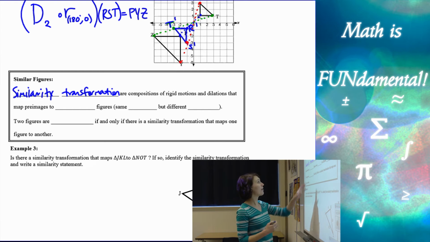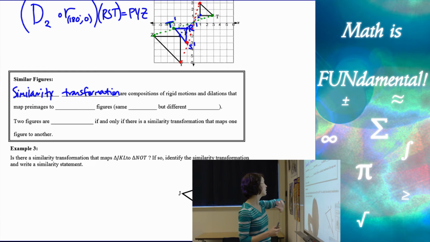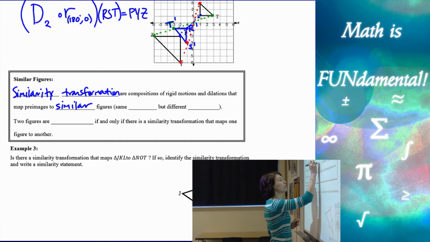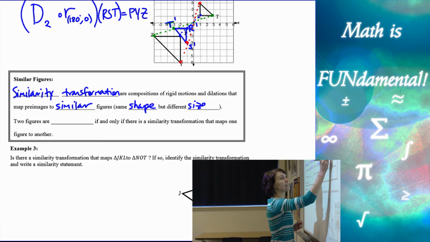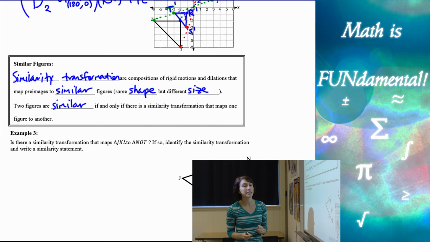So here we have a composition of rigid motions and dilation that maps pre-images to similar figures, which means same shape, but different size. Two figures are similar if and only if there's a similarity transformation that maps one figure to another.